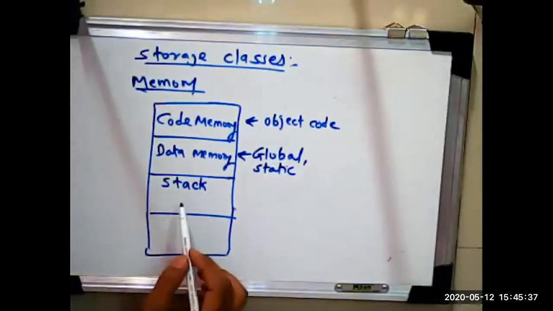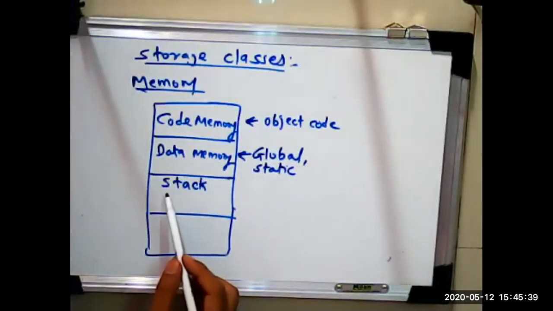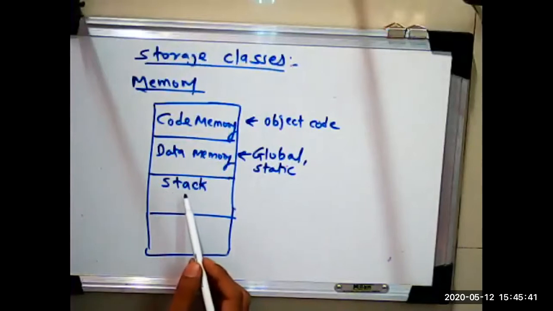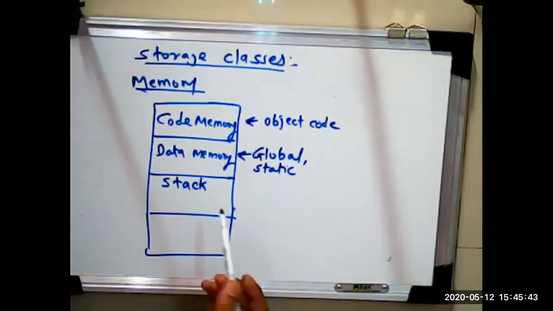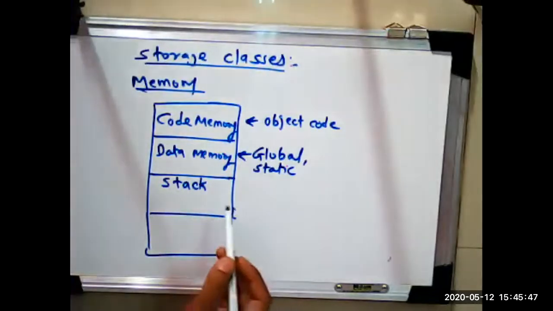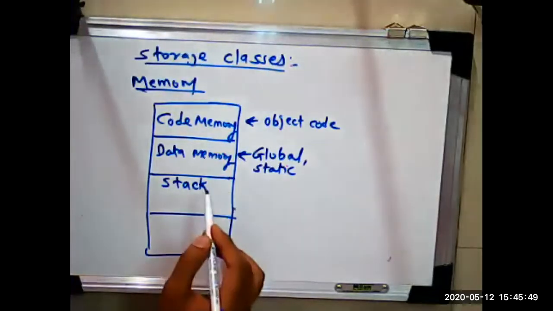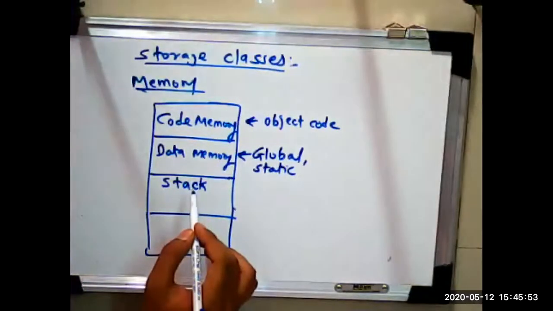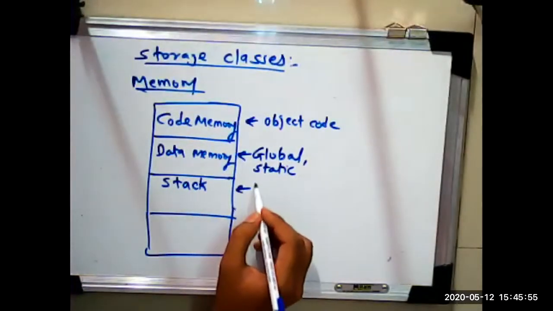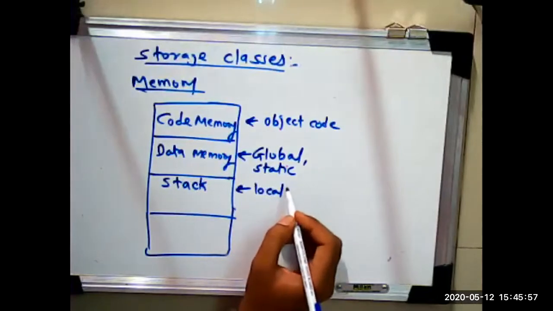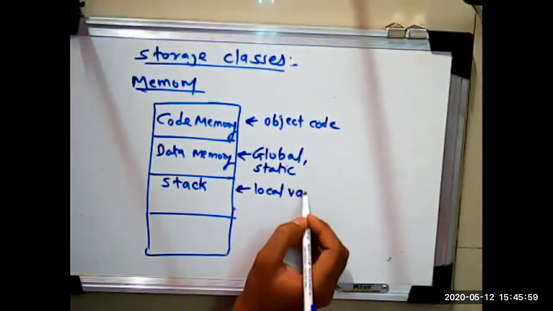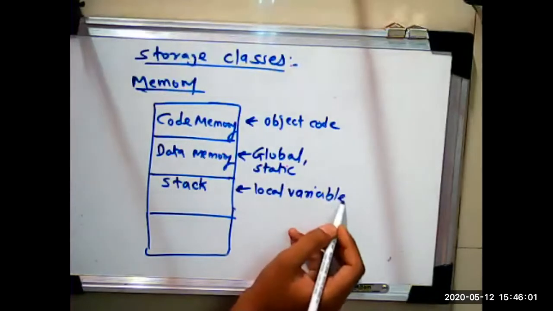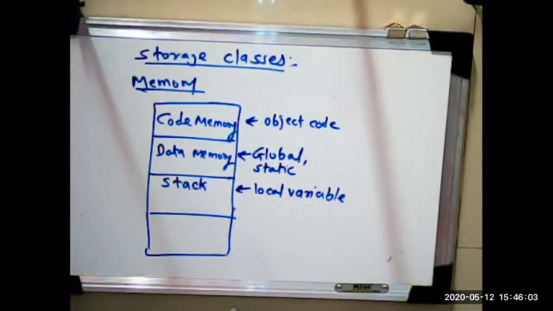So the variables declared inside a function, called local variables, are stored in the stack memory itself. All the local variables are stored in stack memory.